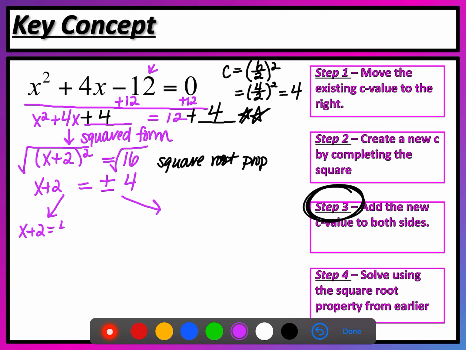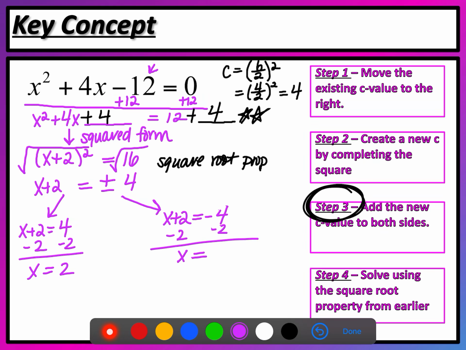And now we make 2 equations. And we just found the 2 roots for this quadratic function, where it would cross the x-axis at x equals 2 and x equals -6.